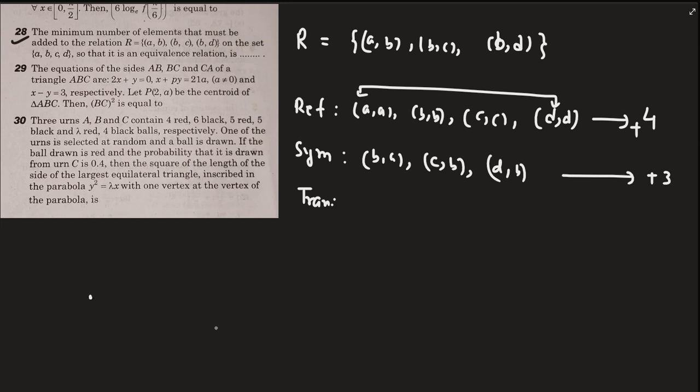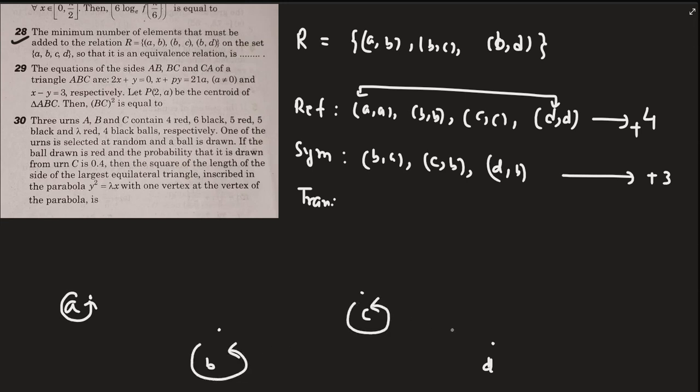To understand transitivity, I am drawing one figure here. Suppose this is A, this one is B, this one is C, this one is D. The relation present: first of all reflexive, that means one loop is present here and one loop is present here.